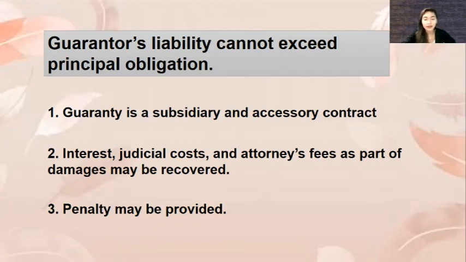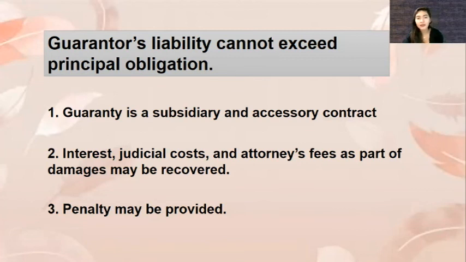So we have number two, interest, judicial costs, and attorney's fees as part of the damages may be recovered. Creditors suing on a suretyship bond may recover from the surety as part of their damages interest at the legal rate, judicial costs and attorney's fees when appropriate, even without stipulation, and even if the surety would become liable to pay more than the total amount stipulated in the bond.